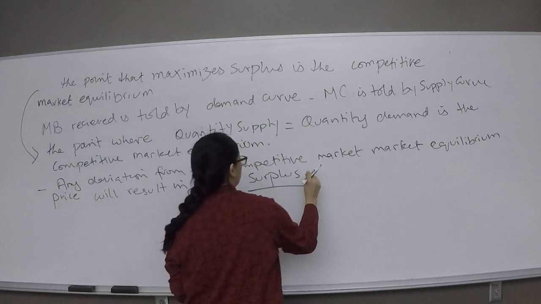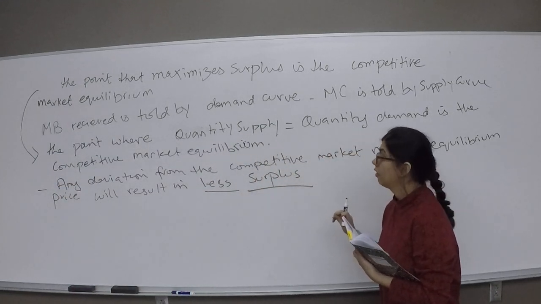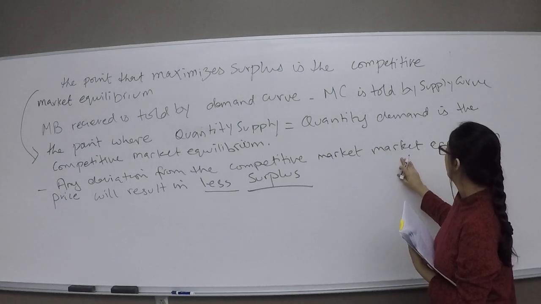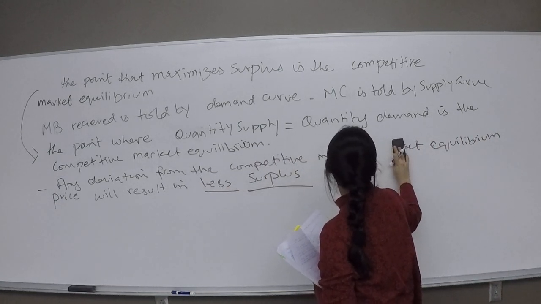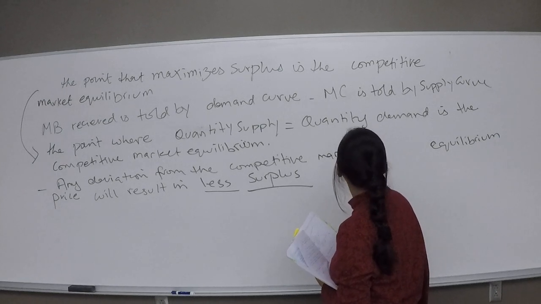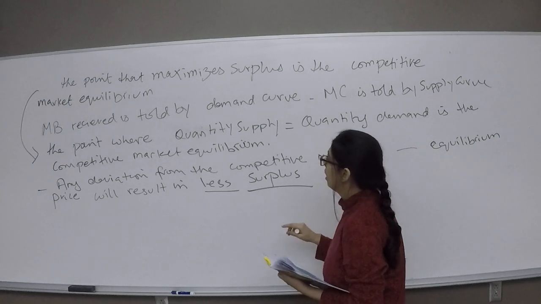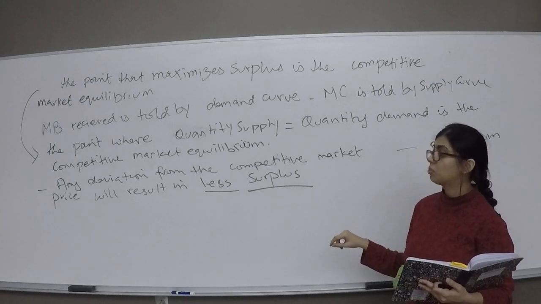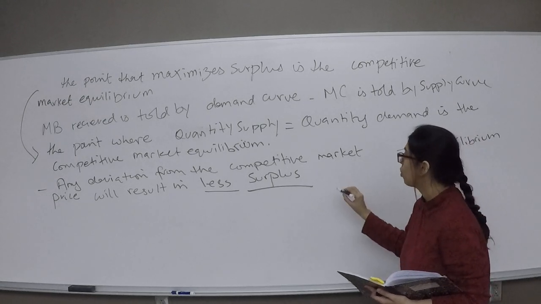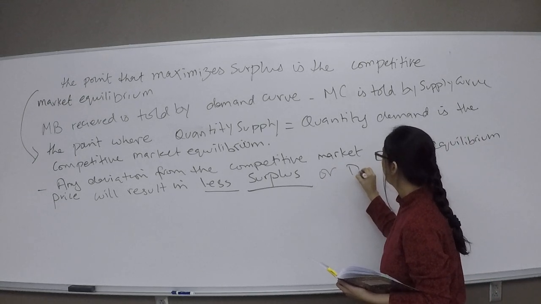Competitive market equilibrium, yeah, I wrote it twice. So any deviation from the competitive market equilibrium price will result in less surplus or deadweight loss.